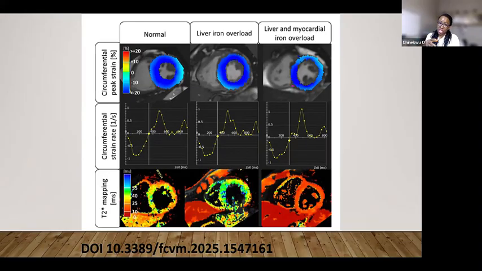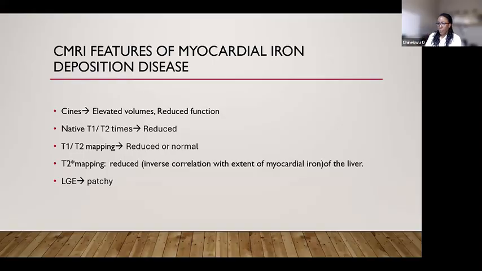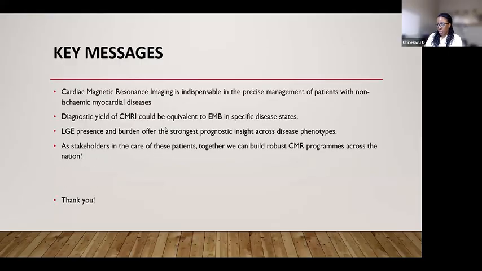And once it starts shortening, we know that they are having myocardial iron deposition and they should be referred for chelation therapy, because we know that the amount of iron in their heart muscle will determine their myocardial dysfunction, and myocardial dysfunction will determine their overall outcomes, even from the systemic disease itself. Yeah, so these are what we expect to find in severe iron deposition disease in the heart muscle.